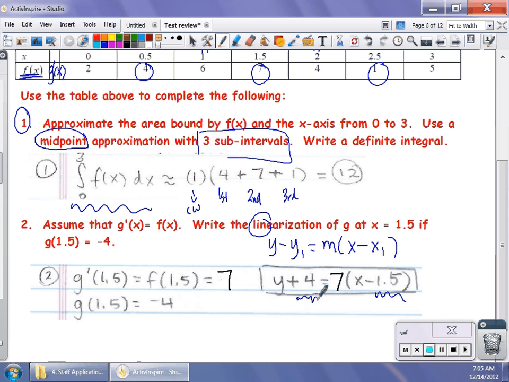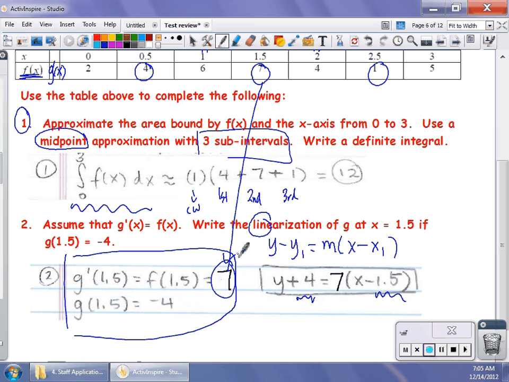My only job is to find the slope at 1.5. So I need to find the derivative at 1.5, which is in the chart. The derivative of g at 1.5 is equal to f of 1.5, which is equal to 7. That came directly out of the chart, and I substitute that for my slope. And that's the linearization. That's the equation of the tangent line.